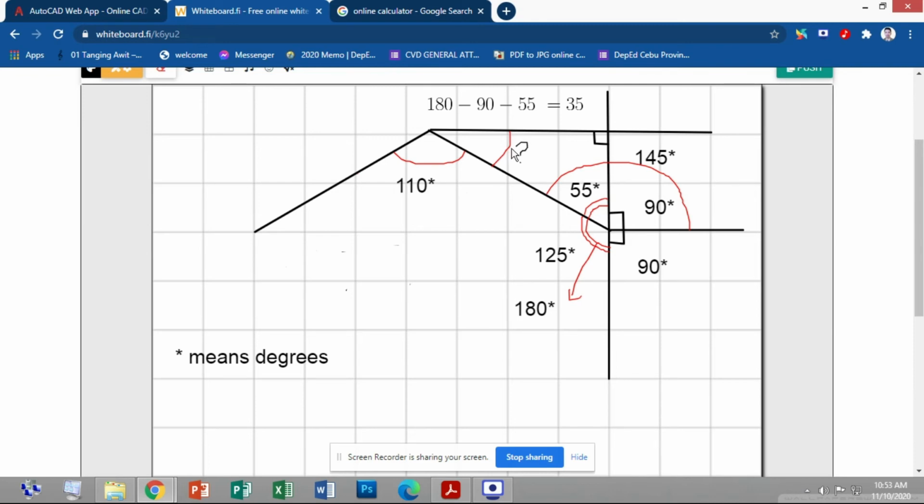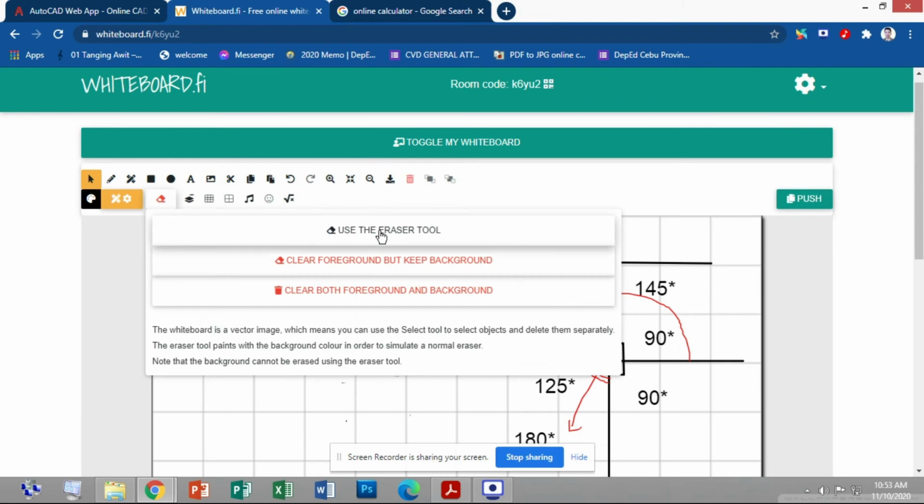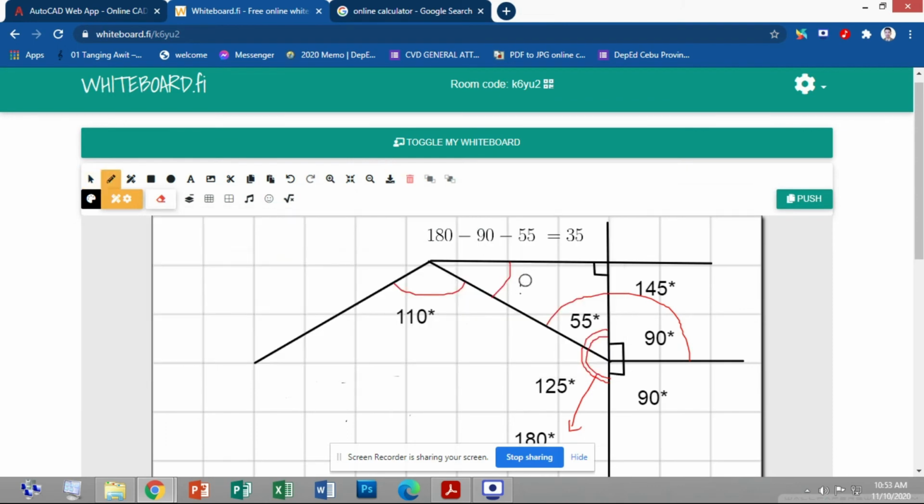So, ang problema na lang natin is itong angle na ito, na-solve na natin, that is 35. So, ito pala, I will erase this. Solved na siya. Ang answer is 35 degrees.